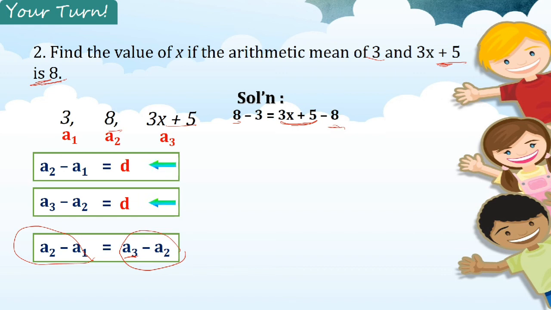Okay, and then transpose, maiwan si 3x sa right side, okay, and then si positive 5 transpose maging negative 5. Si negative 8 transpose maging positive 8.